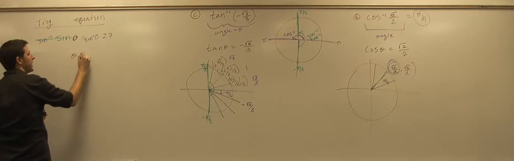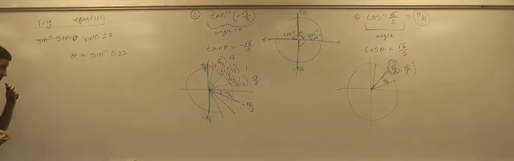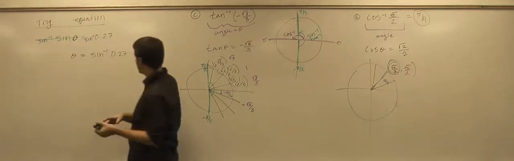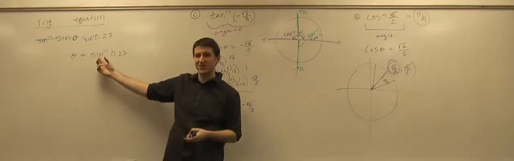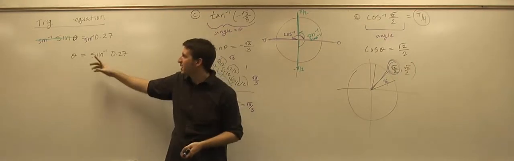So we would end up with theta equals sine inverse of 0.27. Thousands of mathematicians over the years have found a nice way to approximate sine inverse and programmed it into your calculator, and now you can do this with a calculator.